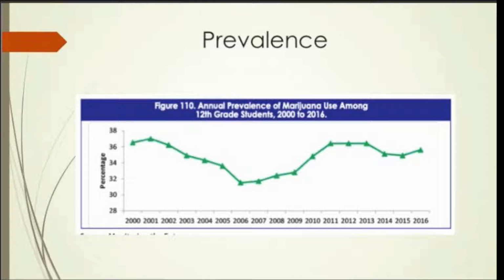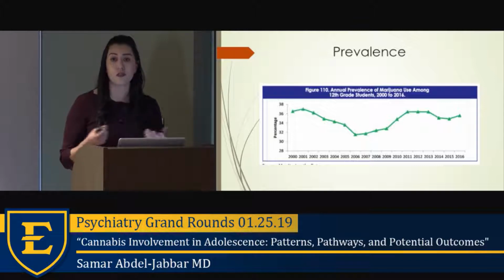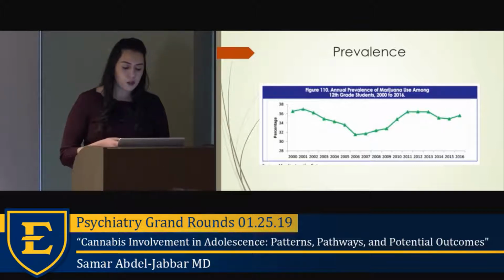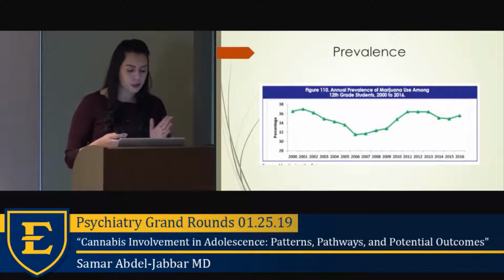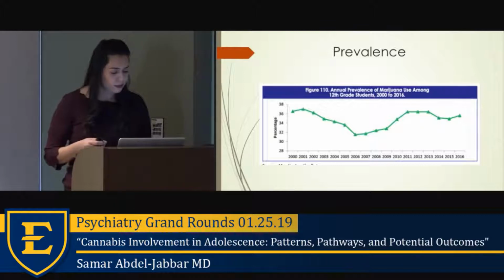They had about 45,000 students from over 300 public and private schools participating. What they found was that 35.6% of 12th graders reported using marijuana at least once in the last 12 months, which wasn't much of a change since 2010, but was at least a 3 to 6 times increase from the low point in 1991.